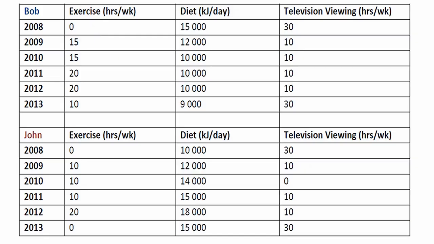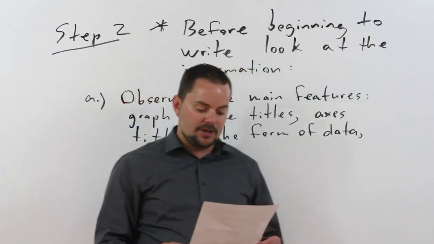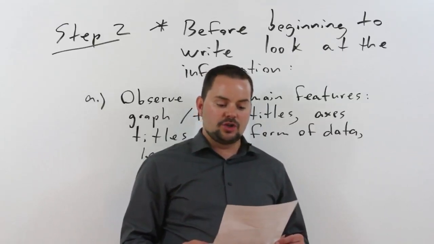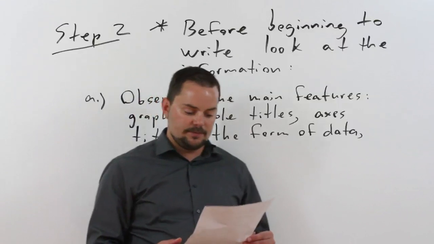All right, next we look at the table. We can see that the table is divided into 2 halves, Bob and John. The first column shows their names and their years, 2008 to 2013. We make the connection that these are the same years as the years shown in the line graph. It's very important to recognize this connection.